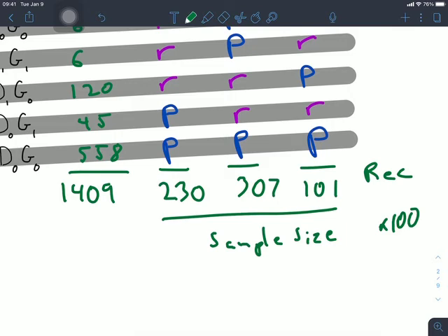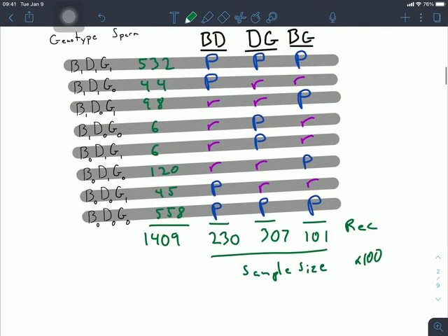So 101 divided by 1409 gives us our distance between B and G of 7.2 map units, rounding. Between D and G, very clearly, our farthest apart loci, D and G are 21.8 map units apart. And then last but not least, B and D are 16.3 map units apart.